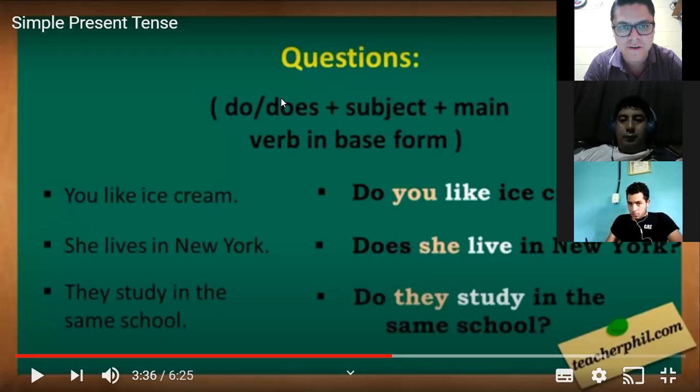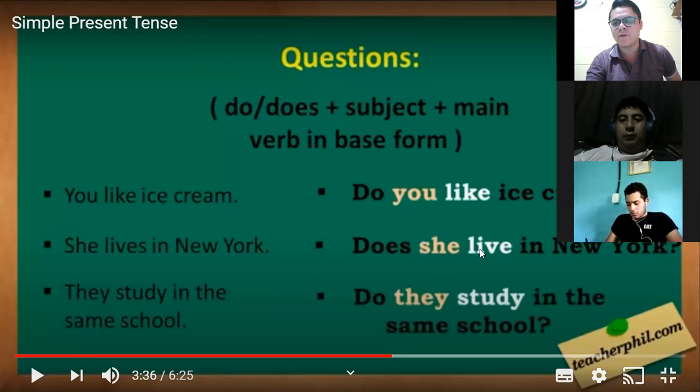And remember the formula. Do or does, plus the subject, plus the main verb in its base form, and then the complement. She lives in New York. Does she live in New York? Why does? Because you have the subject pronoun she, third person.